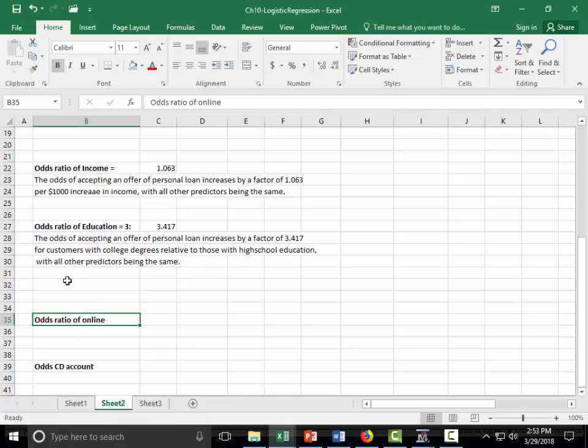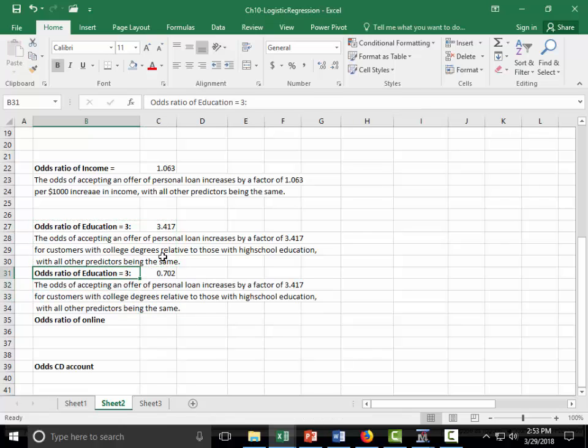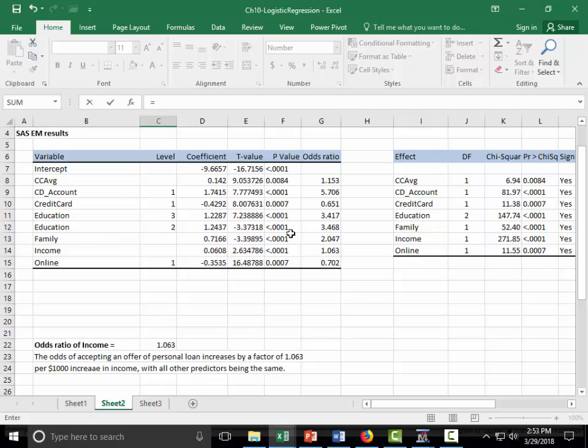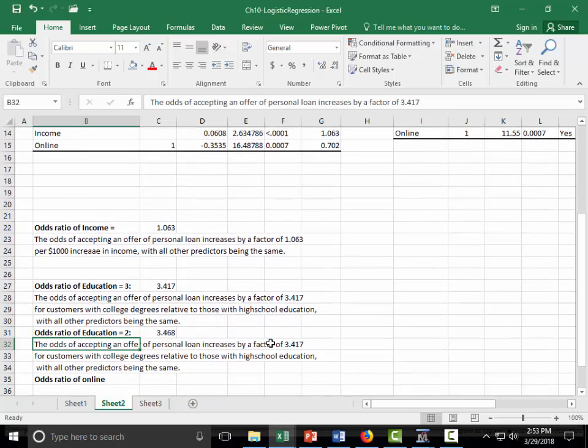Now the same would be true. Let's do one more here for education equal to 2. So education equal to 2, the odds ratio is that. So now the odds of accepting an offer for a personal loan will increase at the rate of 3.468.